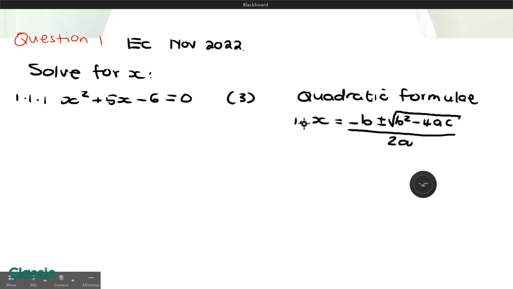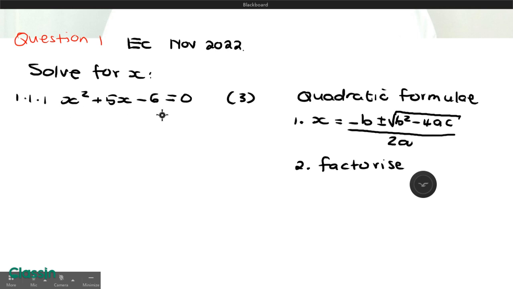That is the first thing. You can use the quadratic formula or you can simply factorize.